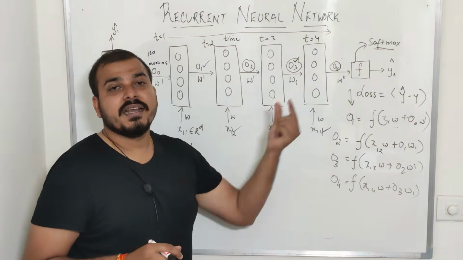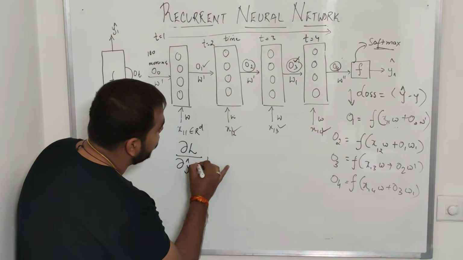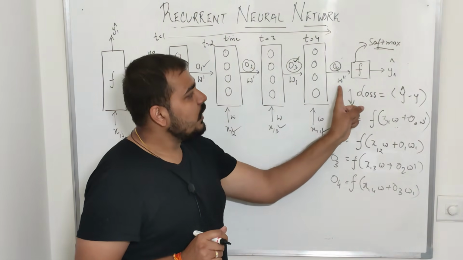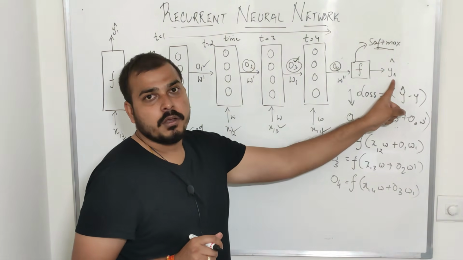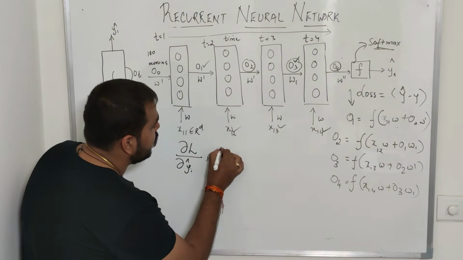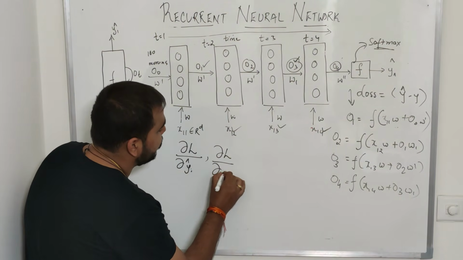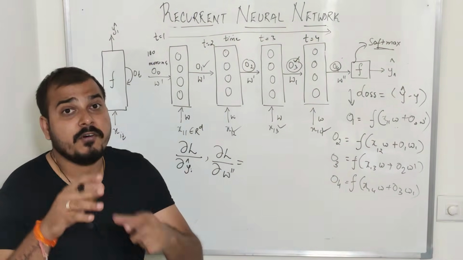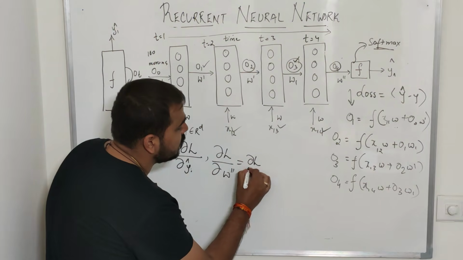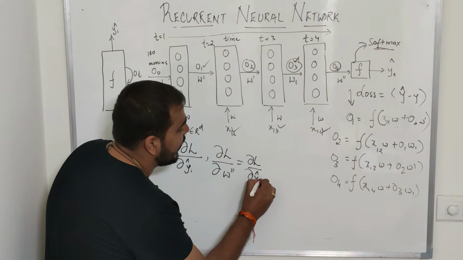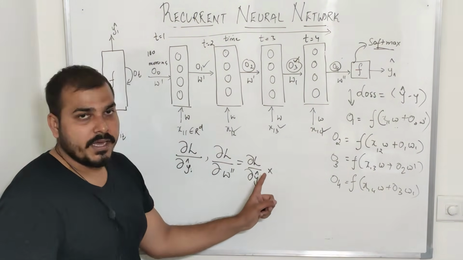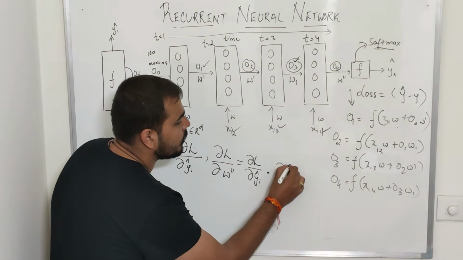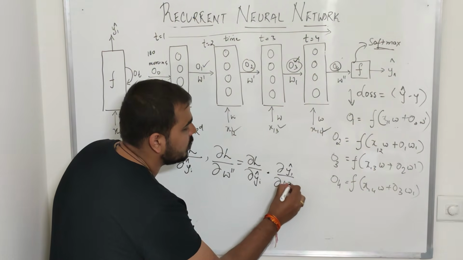Once this is calculated, now comes the technique of updating these weights. How do we update these weights? Understand guys, these weights can be updated in two ways. First of all, y hat is dependent on w double dash. So if I want to calculate the derivative of loss with respect to w double dash, which is this particular weight, I can write with the help of chain rule: derivative of loss with respect to y hat, multiplied by derivative of y hat with respect to w double dash.